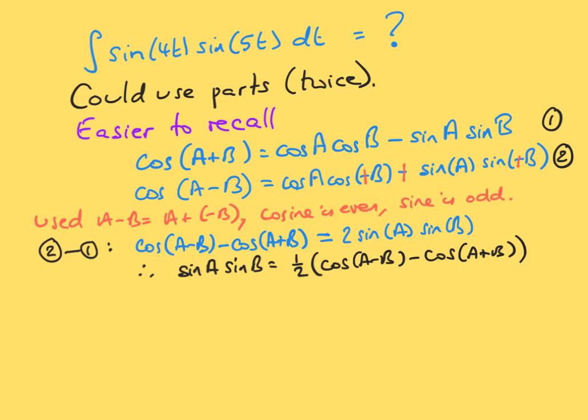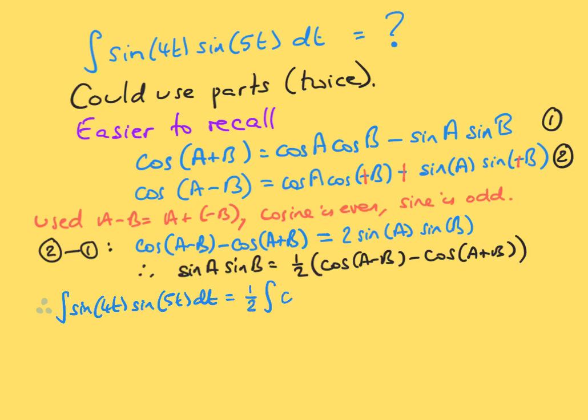Okay, so armed with this, we can calculate this integral. So let's do it. Therefore, the integral of the sine of 4t sine of 5t integrated with respect to t is going to be an integral, and then we've got a factor of 1/2 multiplying everything, so let's just pull it through the integral sign, make it look less scary.